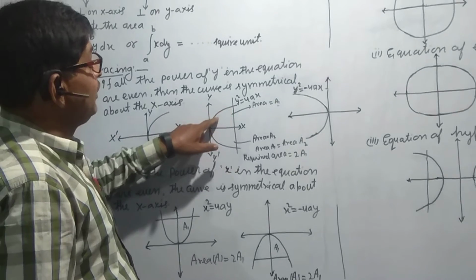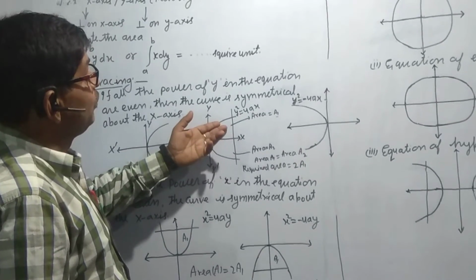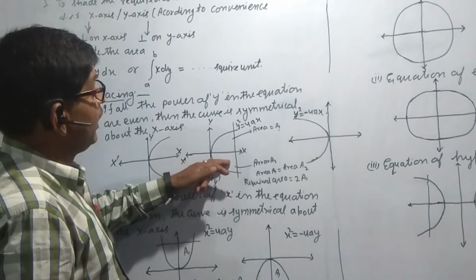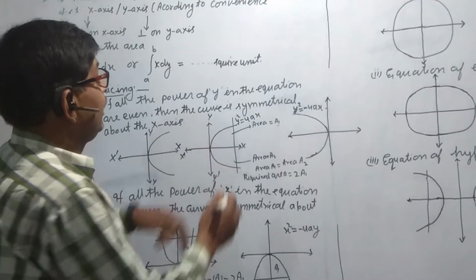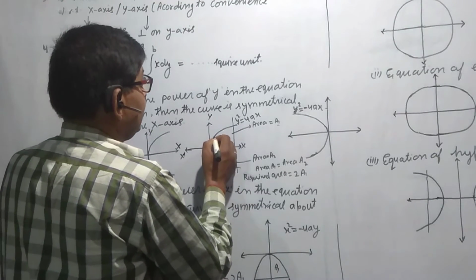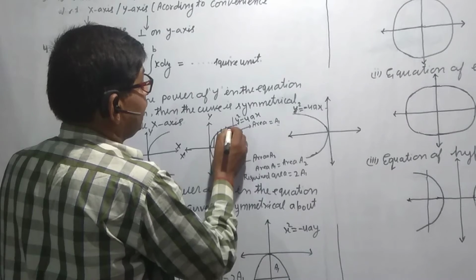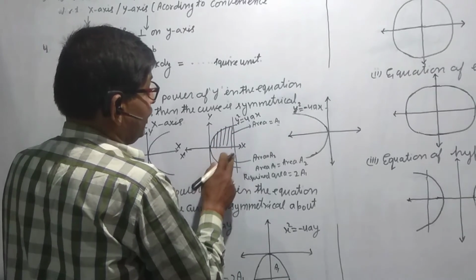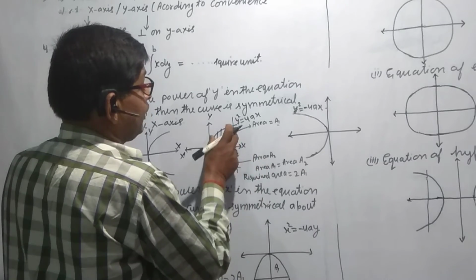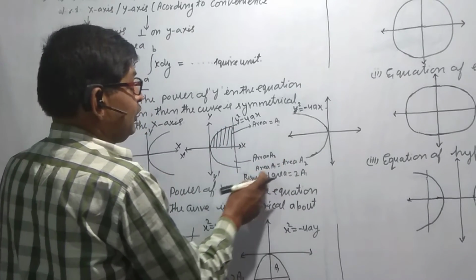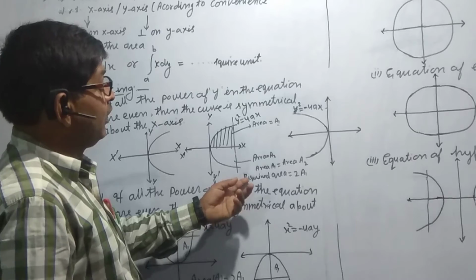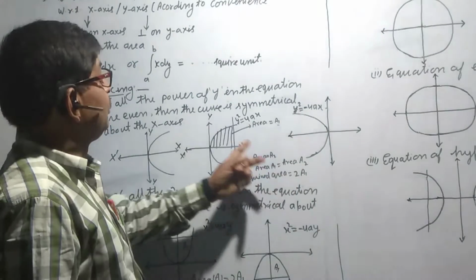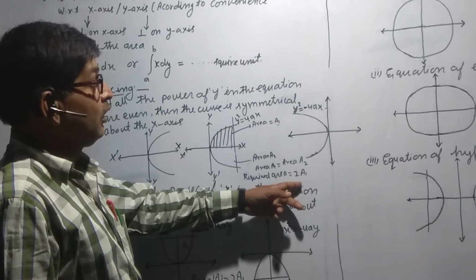If we calculate this area, we can double it to get both areas. Let us suppose that the area of this is A1 and the area of this is A2, then A1 is equal to A2. It means that the required total area is 2 into A.